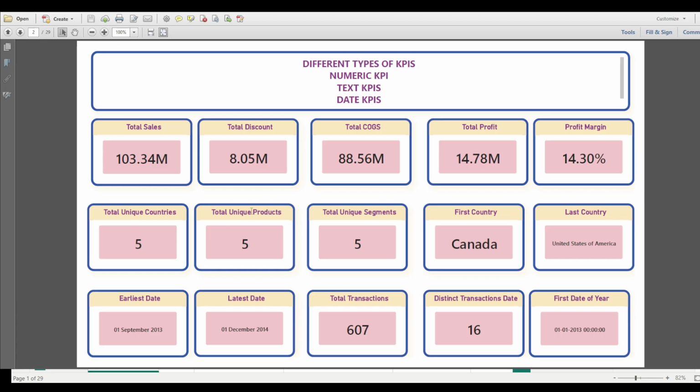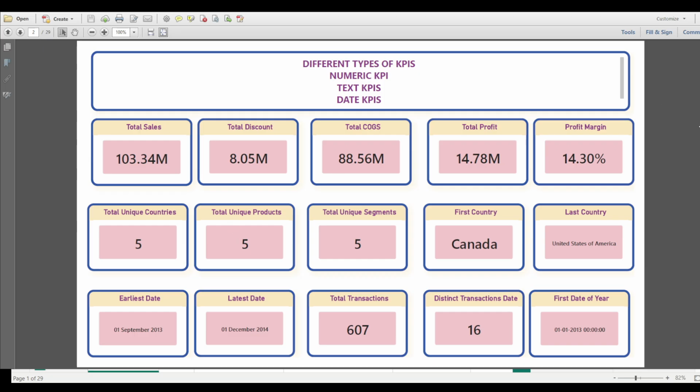We have used distinct count, total unique products, total unique segments, first country, last country. Then we have seen date KPIs wherein we have mentioned earliest date, latest date, total transactions, distinct transaction date, and first date of years. And we have seen how I have given the title and how I have formatted all the cards. So you have to also do it in this manner only.